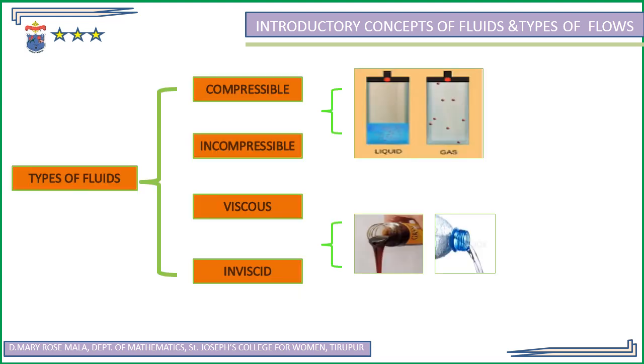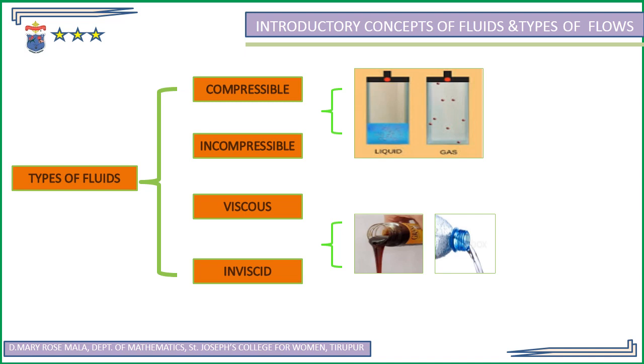There are four types of fluids: compressible and incompressible fluids, viscous and inviscid fluids. In the first container, we can see a liquid. When we apply a pressure on this liquid, the density of the liquid will never change. All liquids are incompressible fluids.